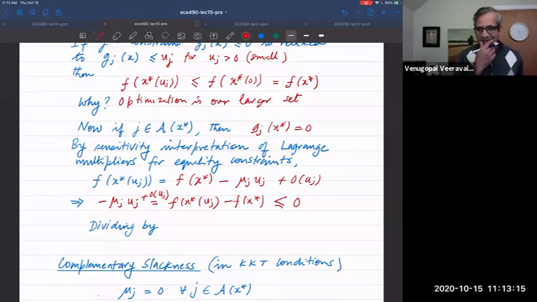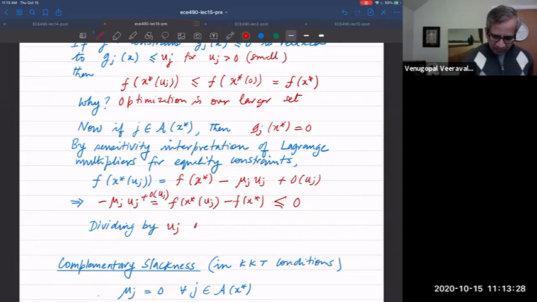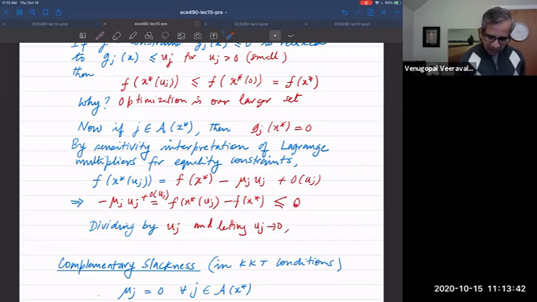The right-hand side we know is less than or equal to 0 by this result here, right? But now I just divide by Uj and let Uj go to 0. If you do that, basically the right-hand side is non-negative, not positive.